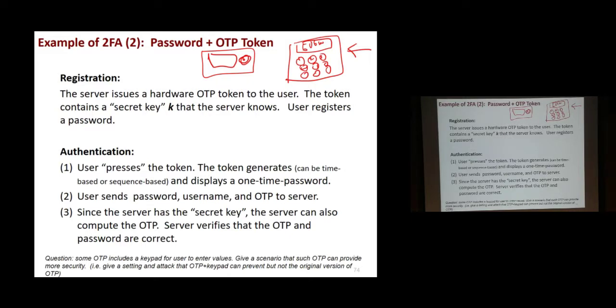You have to find an attack scenario where if you use this, you can prevent it, but if you use this, you cannot. Same as the tutorial we have this week. If I come up with a scenario and the attacks, and with keypads we can prevent the attacks but not without keypads, then we say that the keypad is more secure than the non-keypad with respect to these attacks.